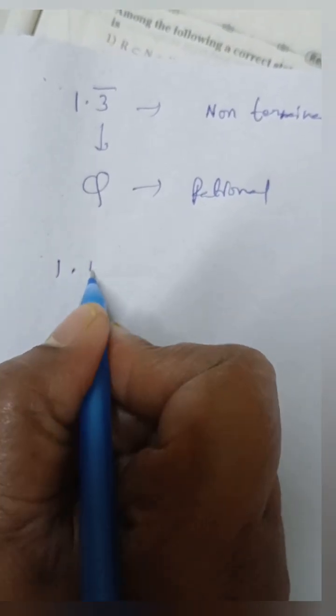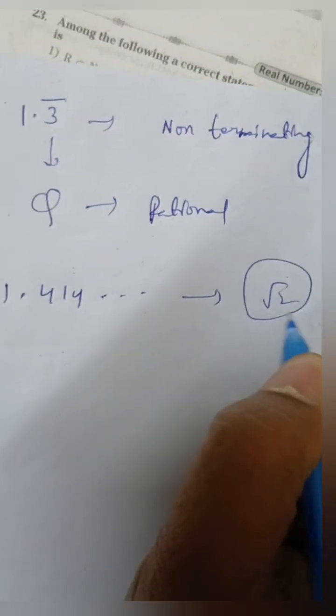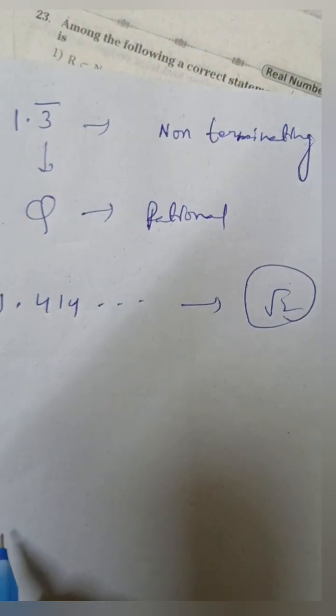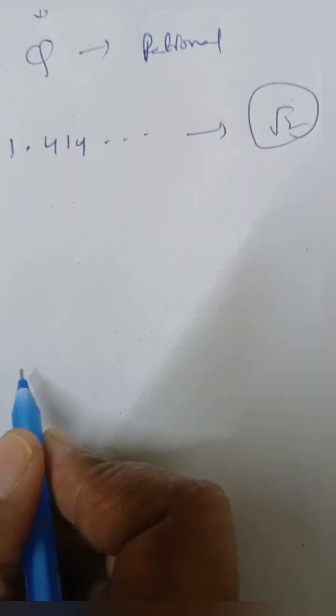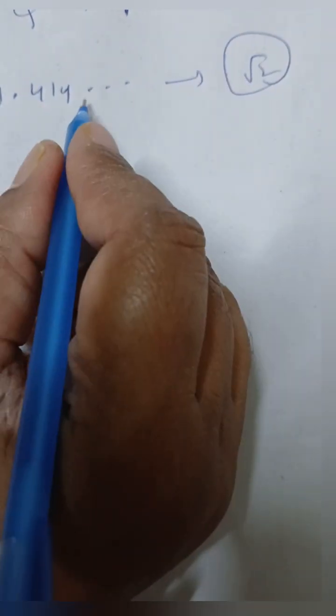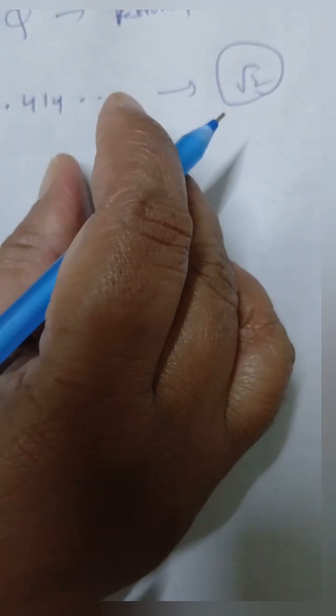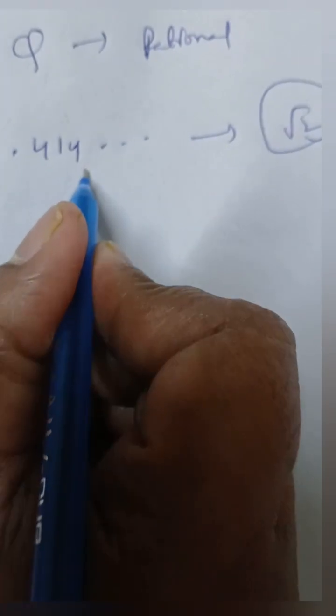But whereas 1.414 and so on, this is the root 2 value. When you do the root 2 value by the division method in 9th class, you remember you will be getting 1.414 and so on. It will neither repeat nor terminate. Here the division process is not ending.